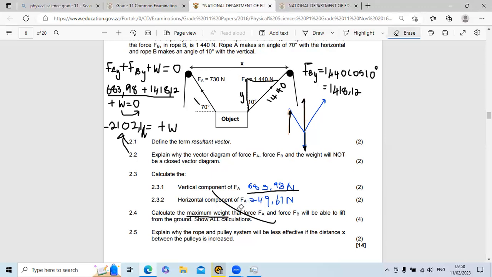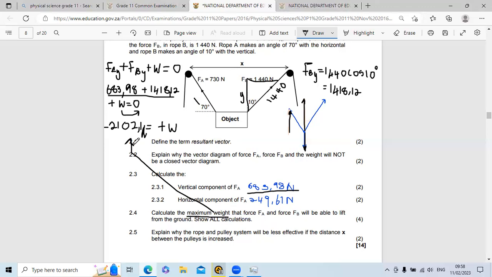So guys, there's one thing that you must realize: when we're coming to physics, weight is in newtons, and we're not going to use kilograms or stuff like that.